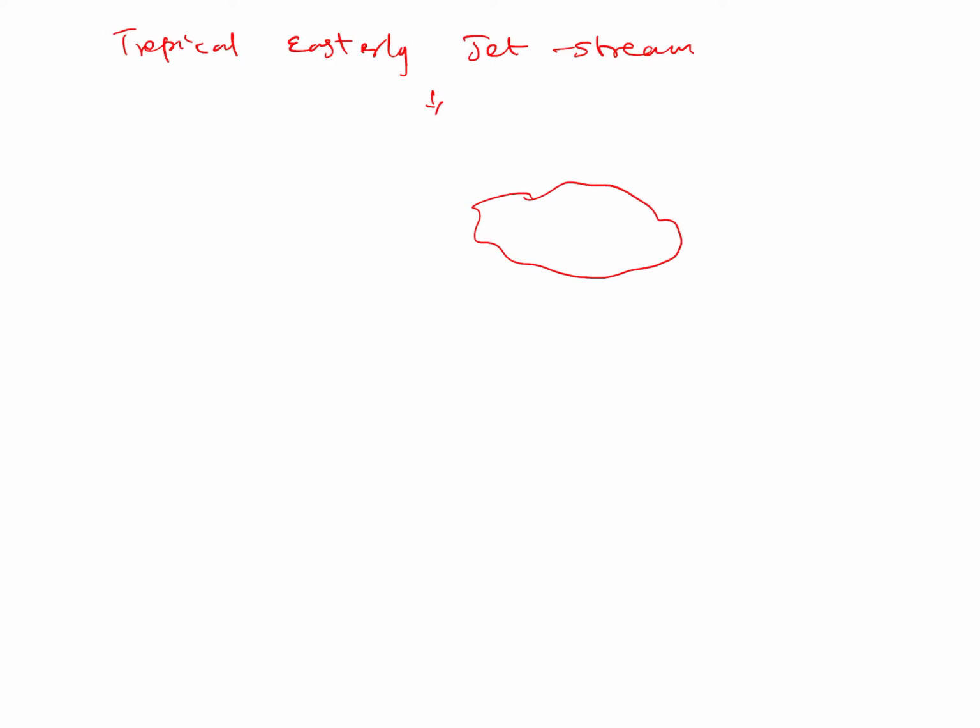Similarly, for the tropical easterly jet stream, the thermal contrast is produced because of the Himalayan Tibetan zone. If you observe this Himalayan Tibetan zone, it is the world's highest topographic region, isn't it?